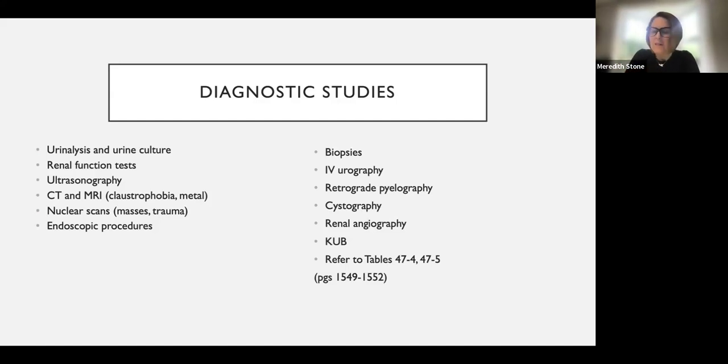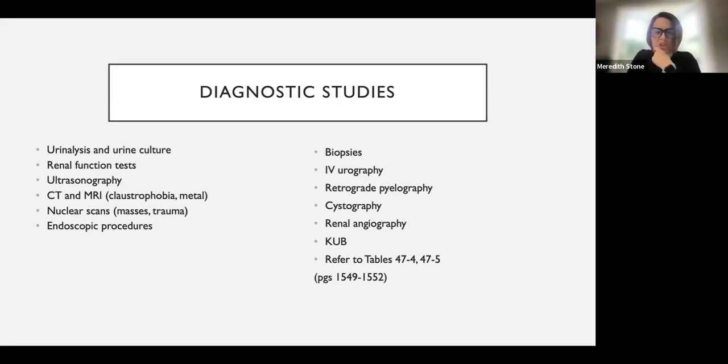Kidney biopsies are going to be things that you look at for, obviously, malignancies, also nephritis as well. If you think that you might have different issues with blood flow, things like that, you might be doing some of the different types of urographies.